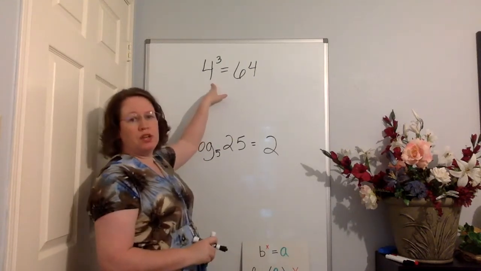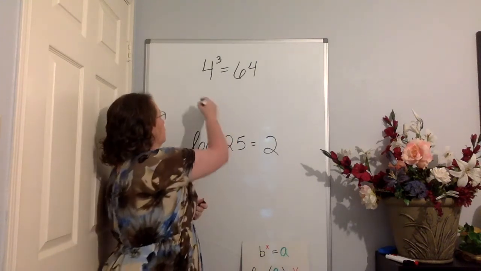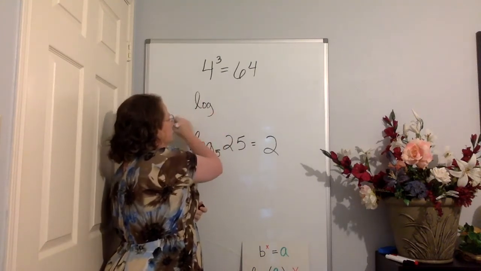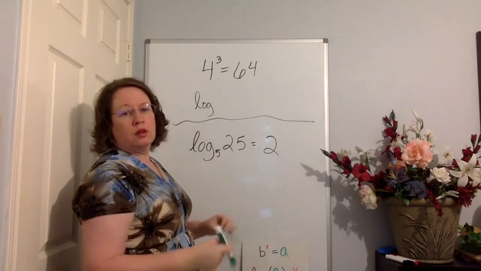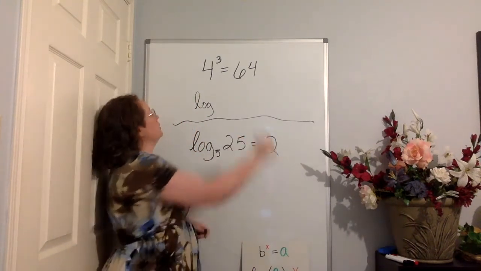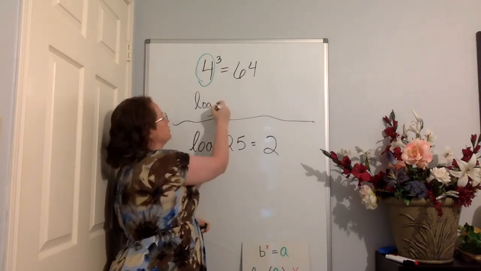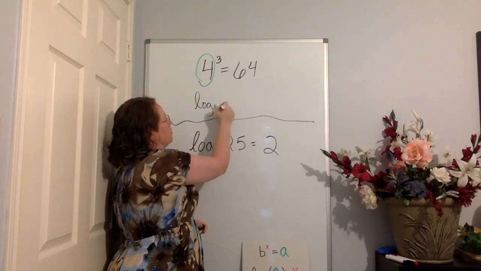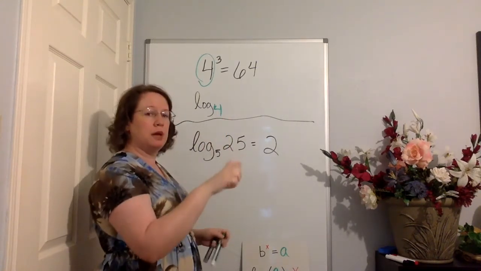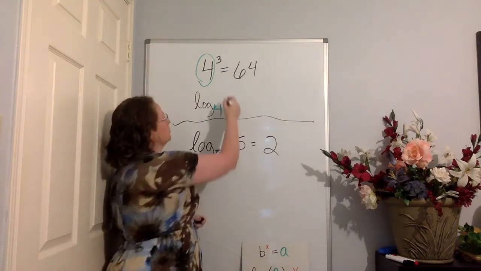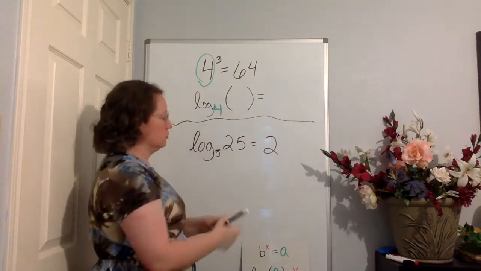If I'm starting with an exponent and I want to go to a log, the first thing I'm going to write is the word log. We always start with the base. Whatever that base is, we put it down. Remember, it's the little baby number at the bottom. We put our parentheses with our equal sign.